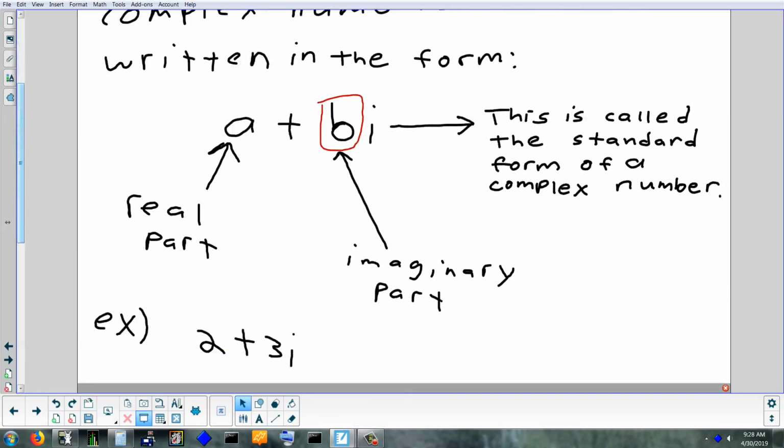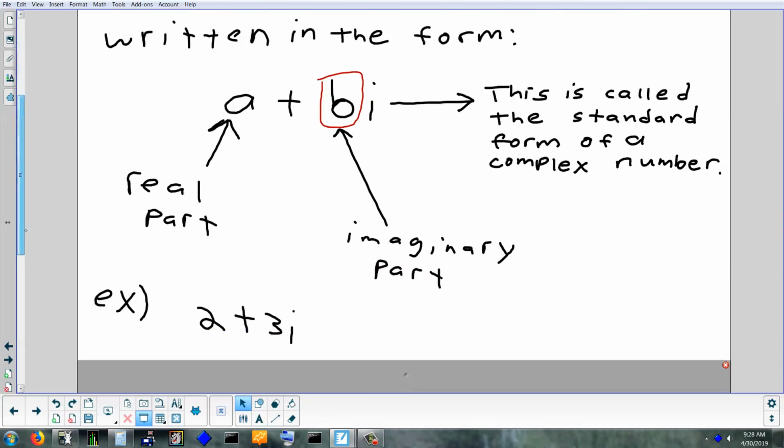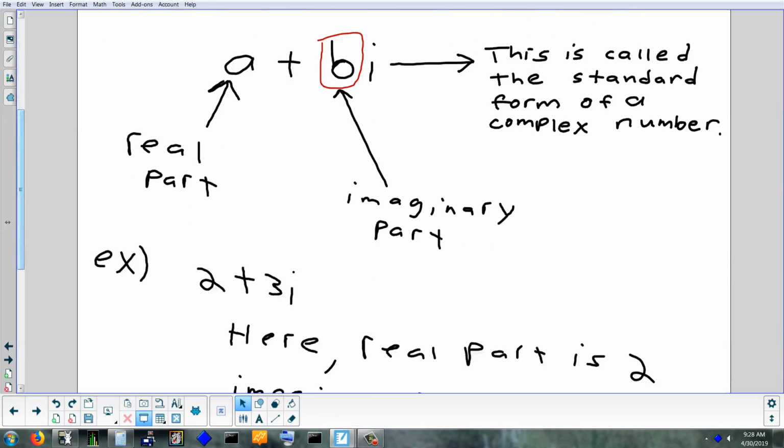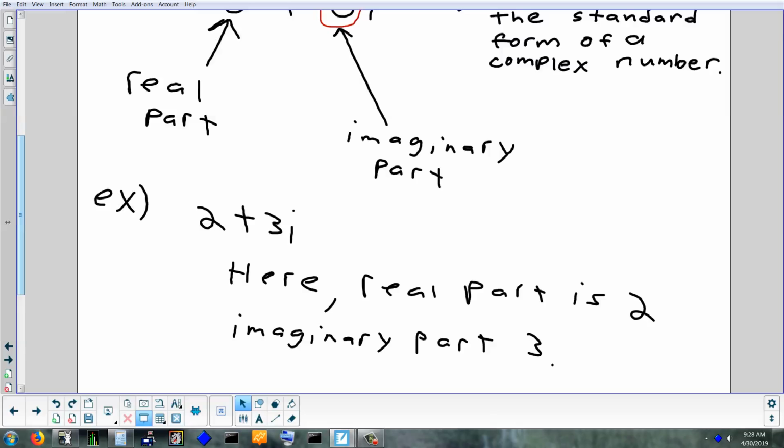That's standard form. In this case, 2 is the real part. 3 is the imaginary part, not 3i. The i is just there to tell you what's next to it is the imaginary part. I think if you just think of complex numbers as calculations we're doing, that makes it easier.